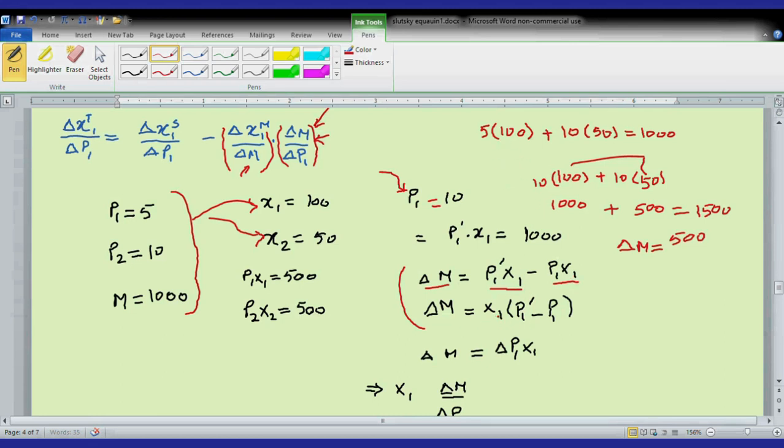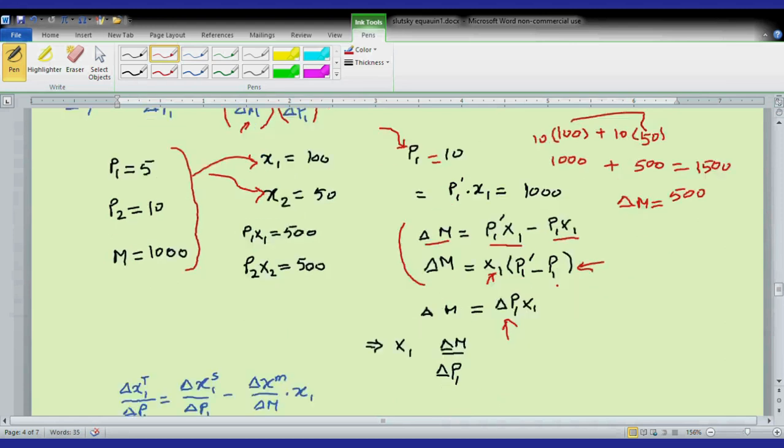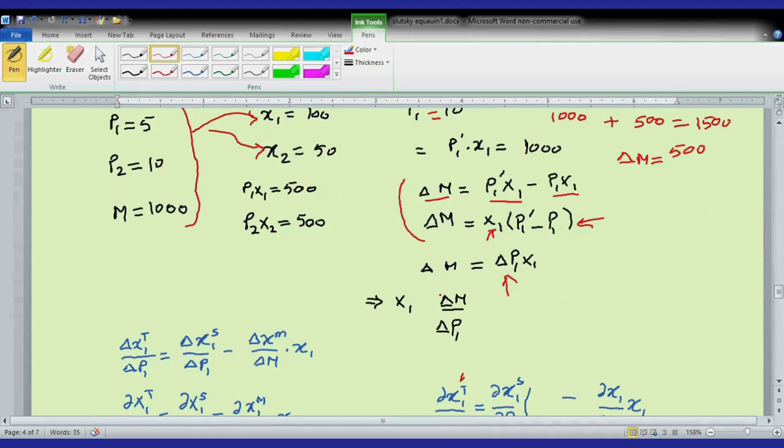Because we are keeping the consumption of good 1 the same, we can take it out as a common factor from these two expressions, and we are left with the difference in price, which is delta P1. So we have delta M equals delta P1 times X1, and when we solve it, we get X1 equal to delta M over delta P1.